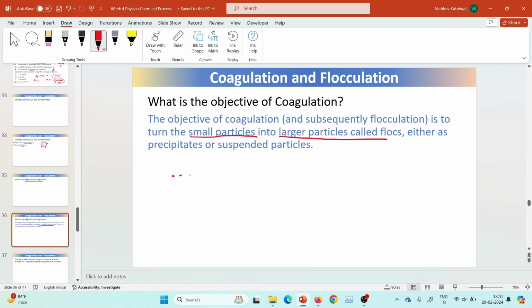The colloidal particles are very small in nature, so we agglomerate them to form a bigger size particle so that it can settle due to gravity. This is the objective of coagulation.